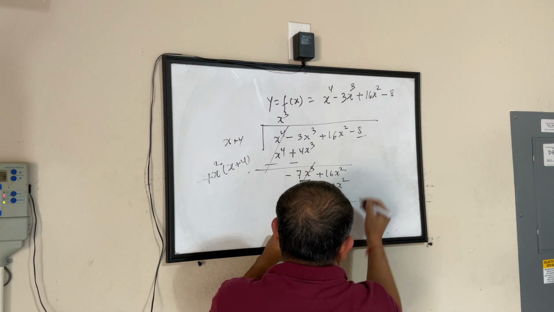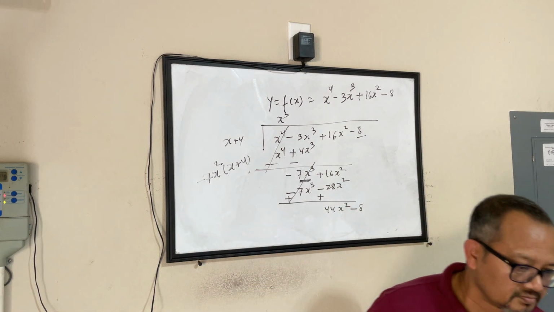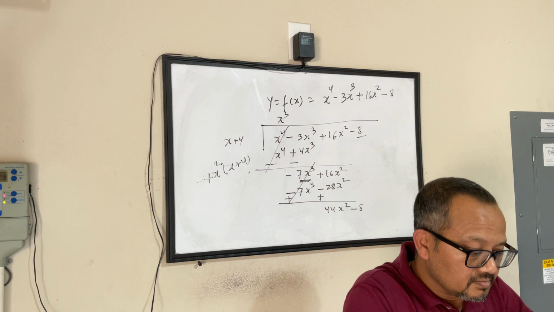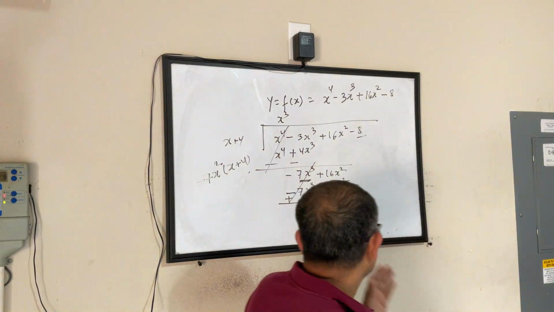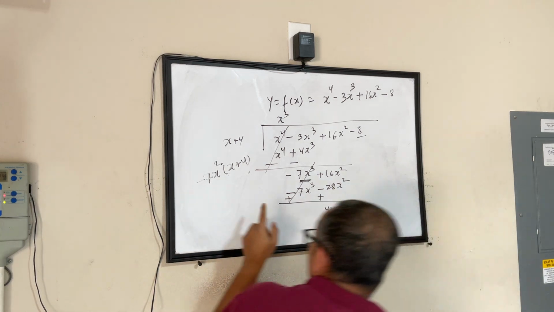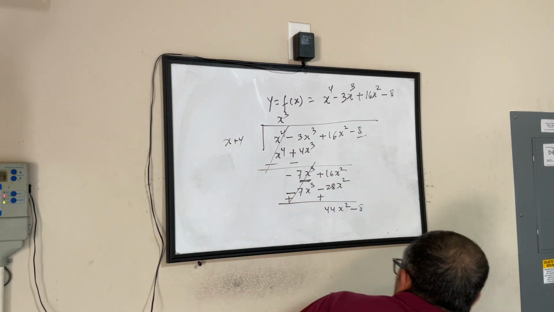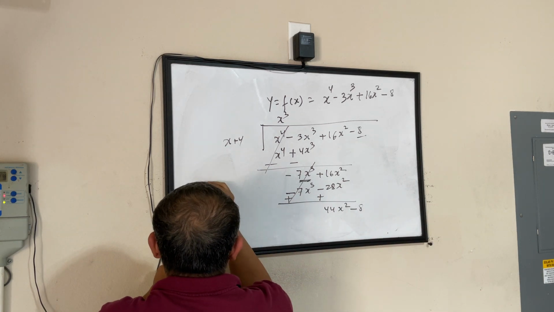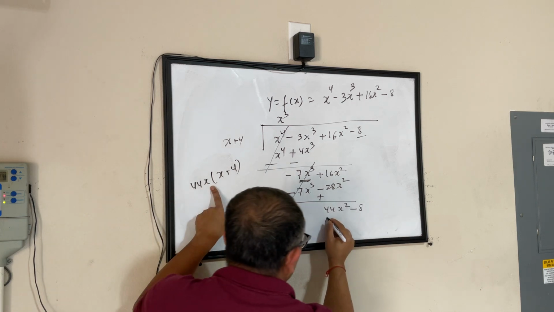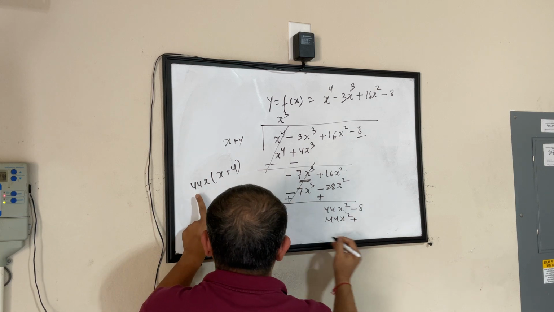And then you bring this guy down. Now, the next thing you have to do is obviously get to 44x squared, and the only way you can do it, by multiplying x plus 4, is multiply this by 44x. So if you multiply this by 44x, you get 44x squared plus 44 times 4, 176x.